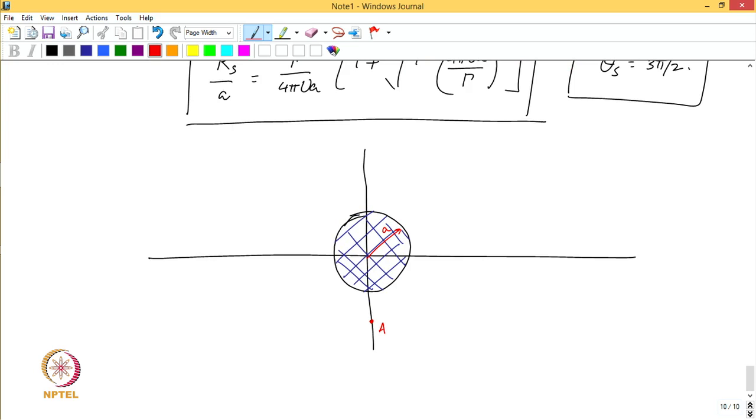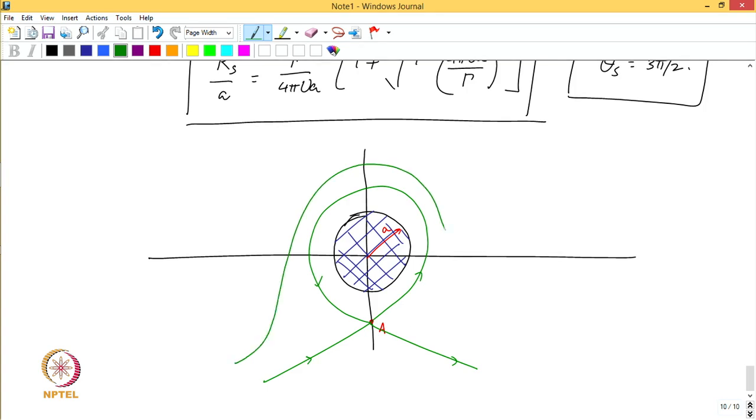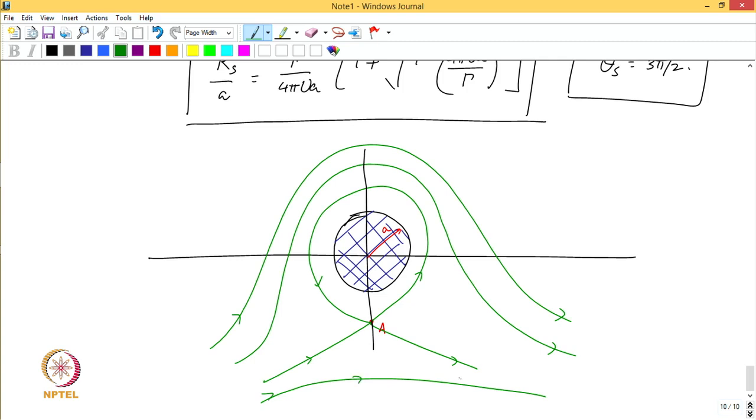So, we will have a solution which would look very interesting. So, we will have a flow pattern which would look like the following. So, we will sort of have an envelope of fluid which encircles this cylinder, and everywhere else the flow would look like that.